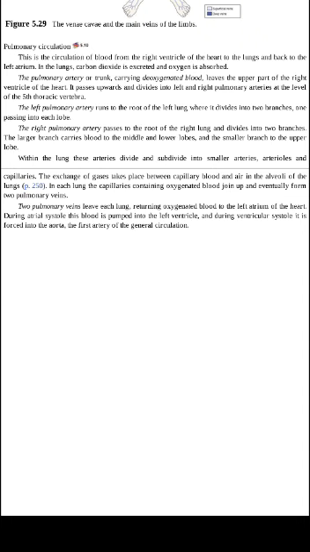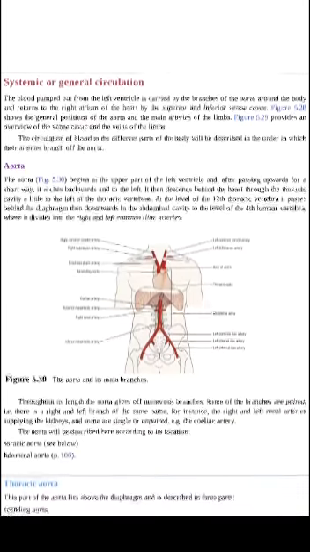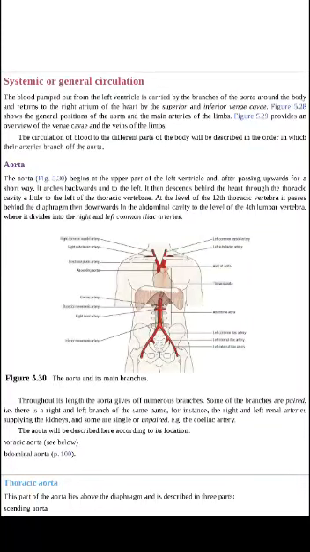Okay, and during the ventricular systole, that is during the ventricular contraction, this oxygenated blood will be transported from the left ventricle towards the whole body through aorta. Okay, so in informal terms we can say that this was the first part of circulation, that is when the blood is being oxygenated.